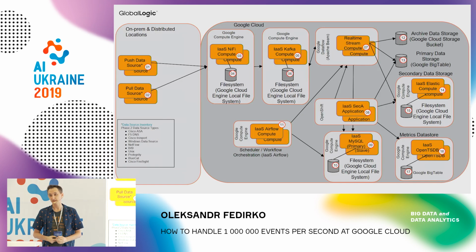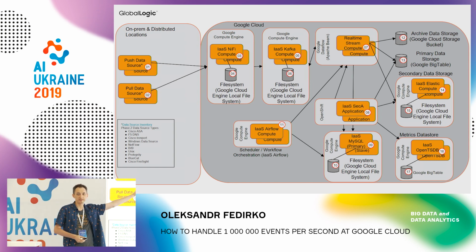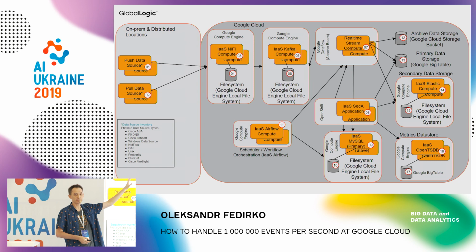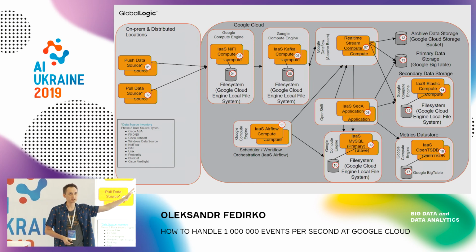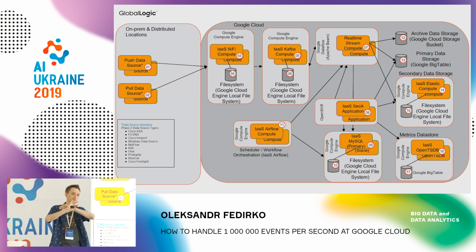Okay, that's how our architecture transformed. In the very beginning, we have our source ingest through NiFi, hosted on virtual machines, then it goes through Kafka. We use Kafka just as a queue, nothing more, no Kafka Streams, no Kafka as storage, just as a queue.